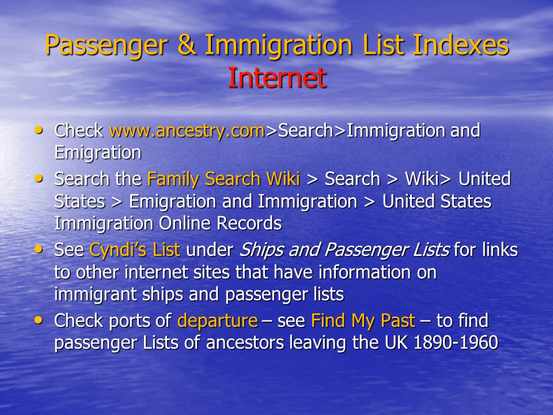Cindy's List is another good place to start. Look under ships and passenger lists, and she provides links to several other internet sites that have information on immigrant ships and passenger lists. Check ports of departure as well. See Find My Past to find passenger lists of ancestors leaving the UK between 1890 and 1960.